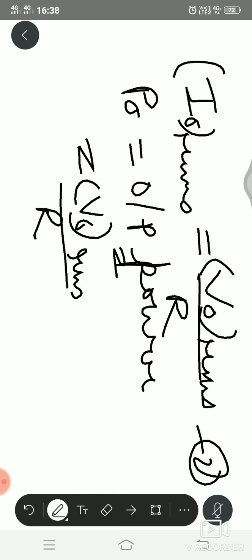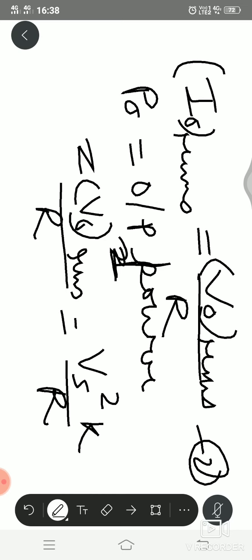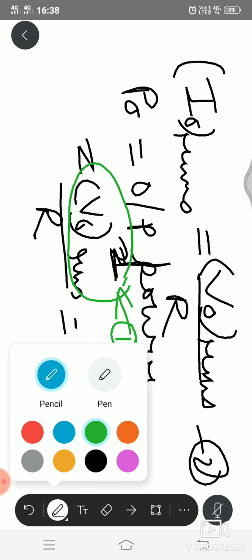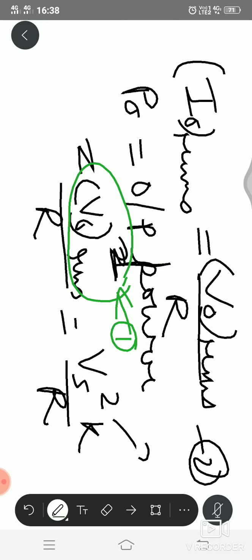So if you take the square of this, it will be Vs square k by R. You substitute equation number 1 in this case, and after doing this you get this result. Let us choose this as equation number 3.